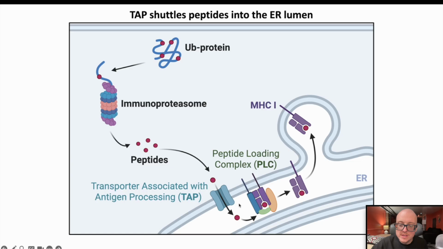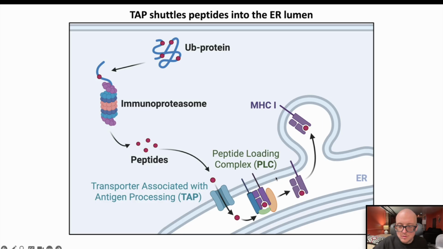These peptides encounter MHC class 1 as it is being folded with the help of molecules that make up what we call the peptide loading complex, which is a set of chaperone molecules that hold the MHC class 1 molecule together until the endogenous antigen can be loaded. Once it is loaded into the peptide binding groove, the process is complete. It can be released from the ER and encapsulated in a vesicle, which can be targeted to the cell surface so that it can be displayed and accomplish the process of antigen presentation.